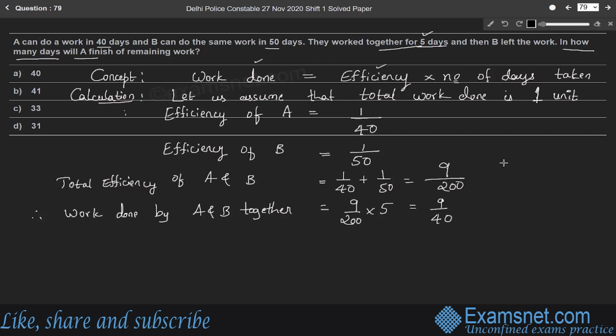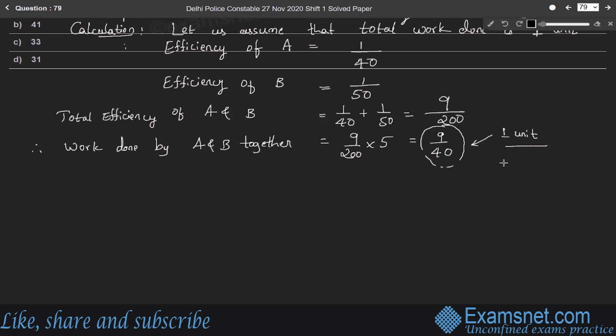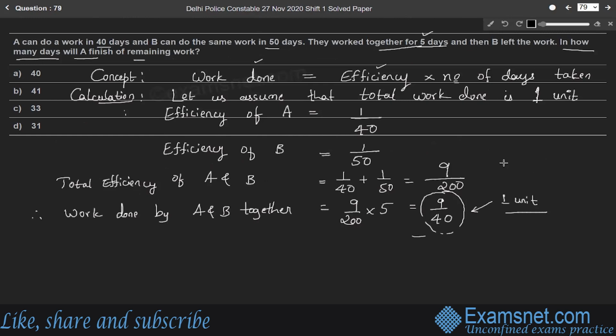So work done by A and B together is 9 by 40th of the total work, that is 1 unit. If 1 unit is the total work, then 9 by 40th part is done by A and B together. Understood? So total work done by A and B together, we have calculated. So the remaining part is the remaining work done by A.